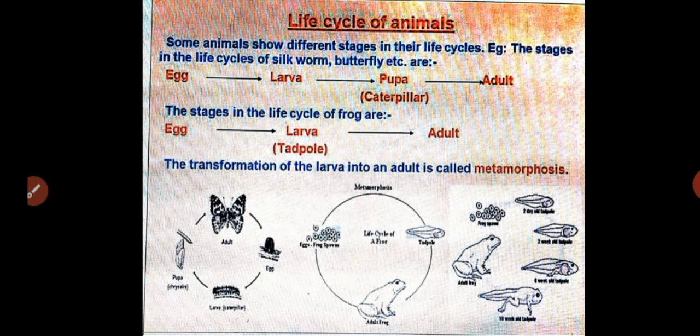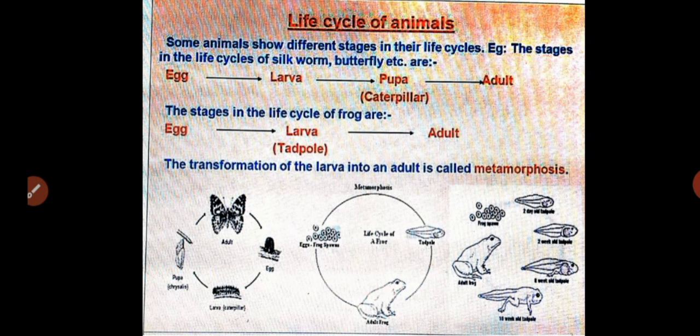So in your syllabus, the life cycle of the butterfly and the life cycle of the frog, you have to know one by one. Some animals show different stages in their life cycles, from birth to adult.